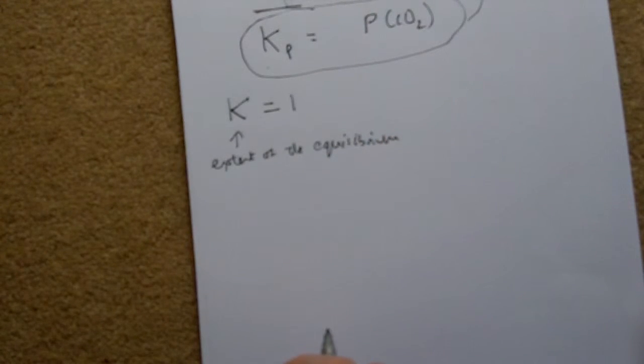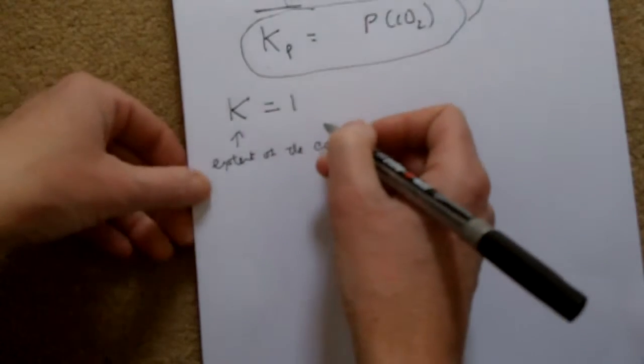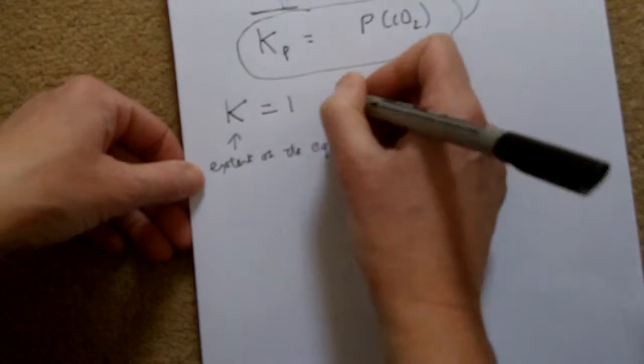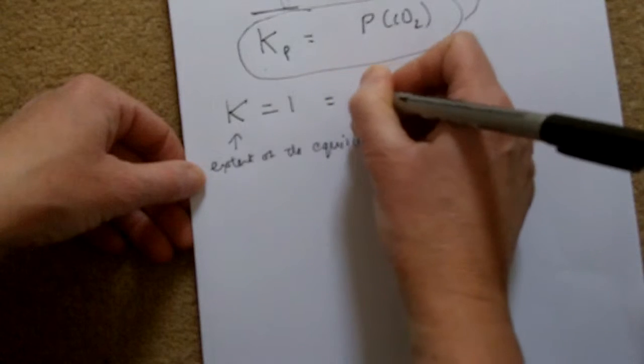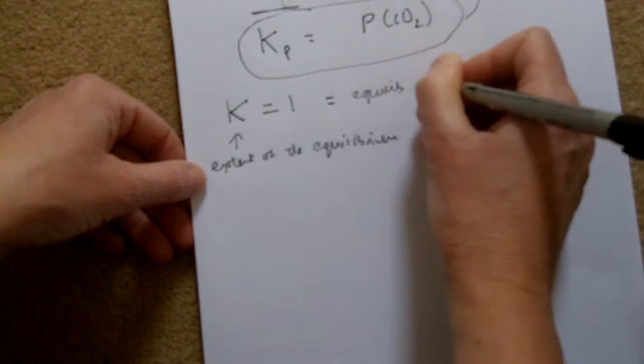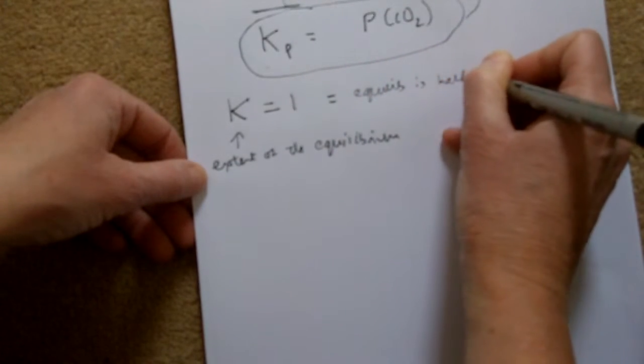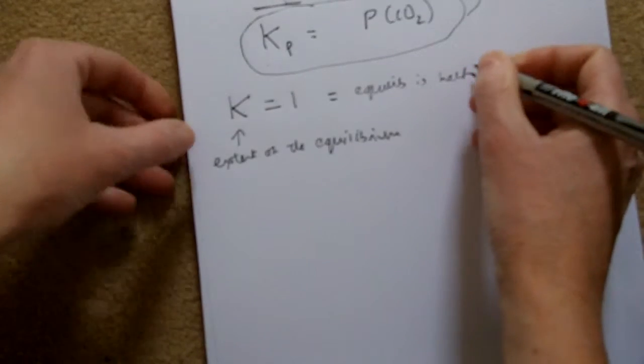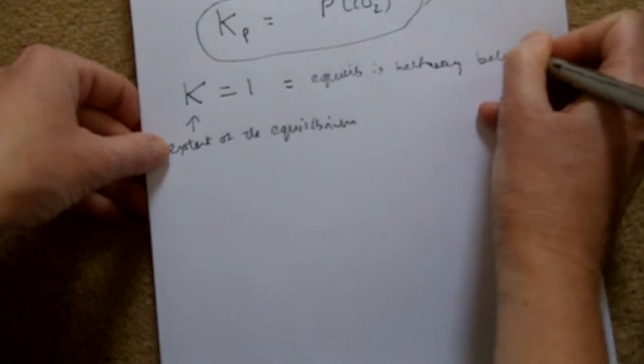The position of equilibrium. If K is 1, that means the equilibrium is halfway between reactants and products.